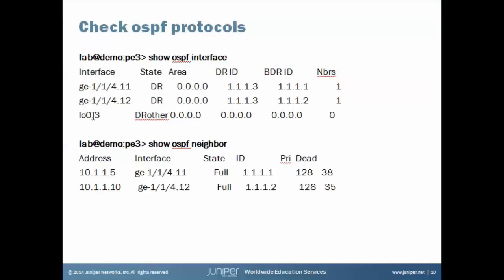Then there is a loopback, lo0.3, which is the loopback for PE3. The neighbors are 10.1.1.5 to PE2 and 10.1.1.10 to PE3. And here the state is Full.